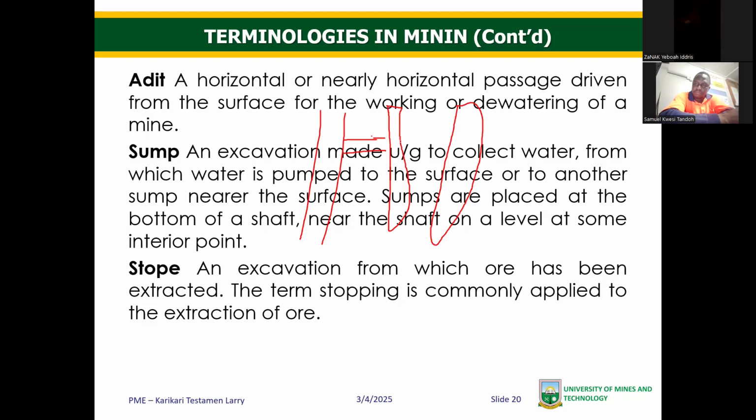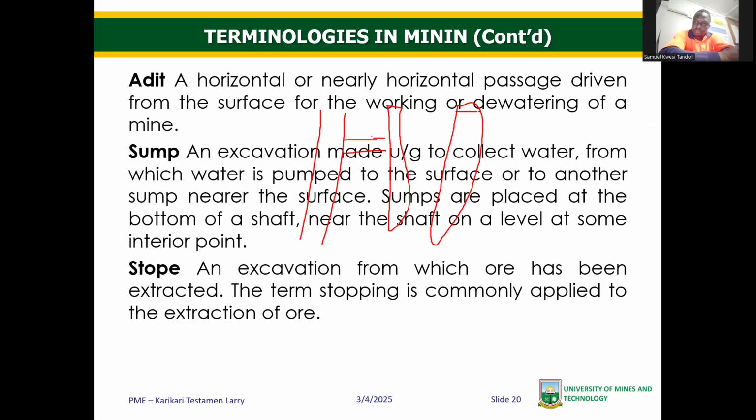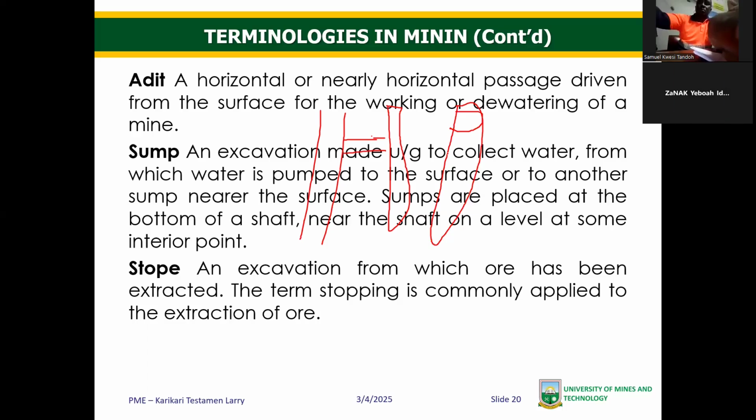We are going to mine this ore. So when we drill and then we blast, there's an excavation that it creates. It's what you call the stope. The stope. So we draw another one here. We create another stope here. So stopes are excavations from which ore has been drawn.